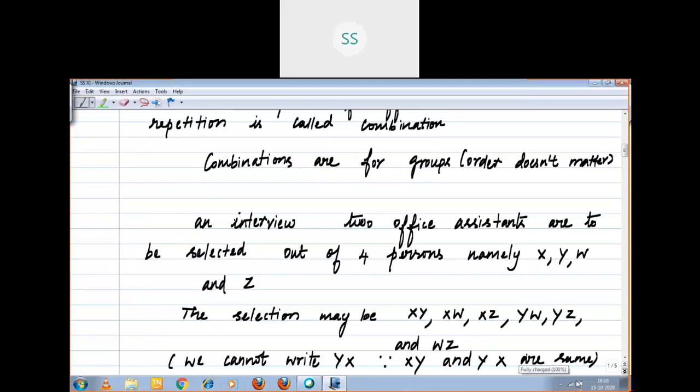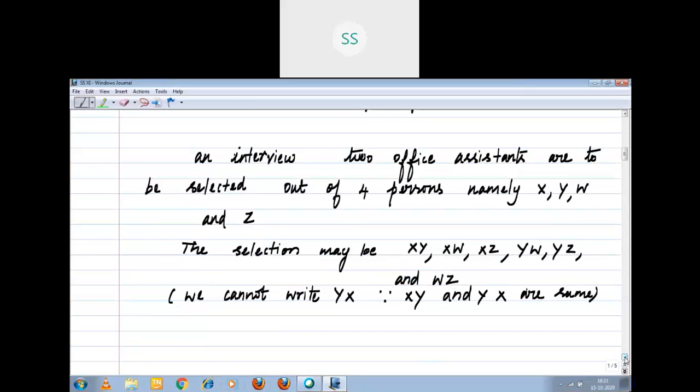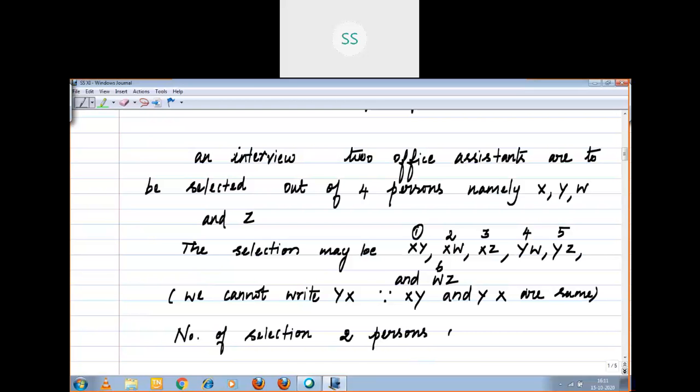Therefore, the number of ways. How many selections have you done here? 1, 2, 3, 4, 5, 6. The number of selections of 2 persons out of 4 is 6, right?